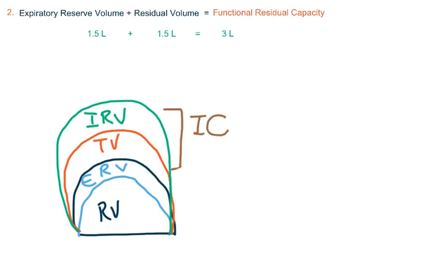Next is functional residual capacity, which is a sum of expiratory reserve volume and residual volume, and it is also approximately 3 liters by adding 1.5 plus 1.5.